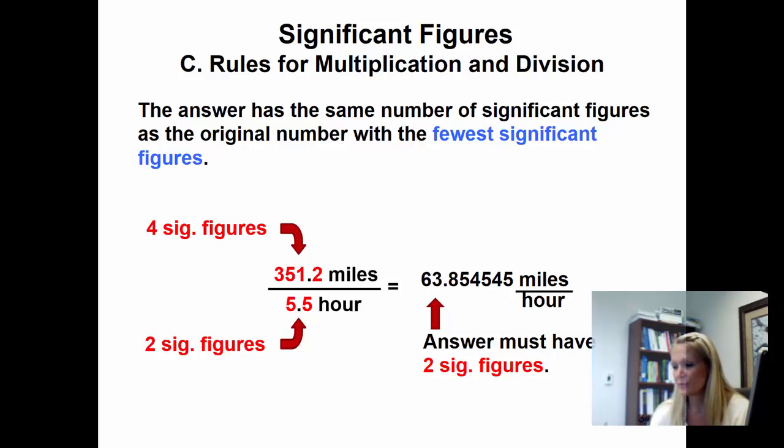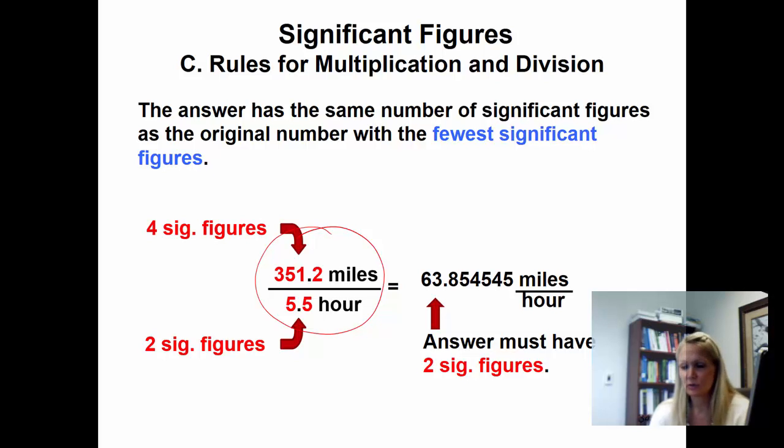So we have miles per hour here. The rule for your answer from any of these operations is that you have to have the same number of significant figures as your original number with the fewest sig figs.